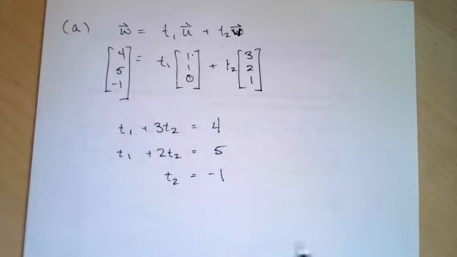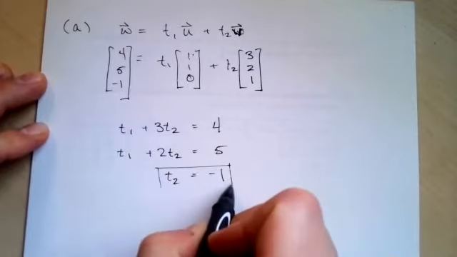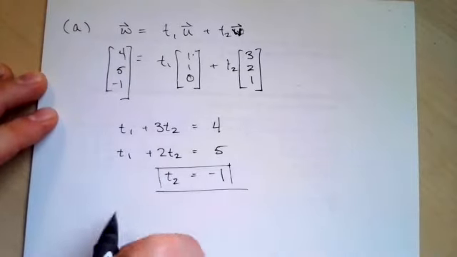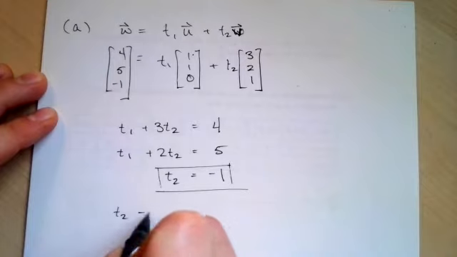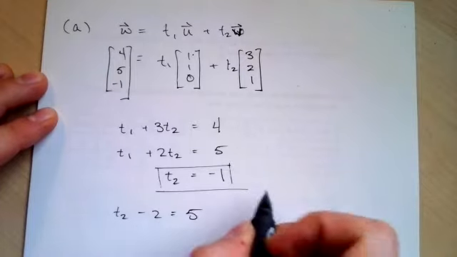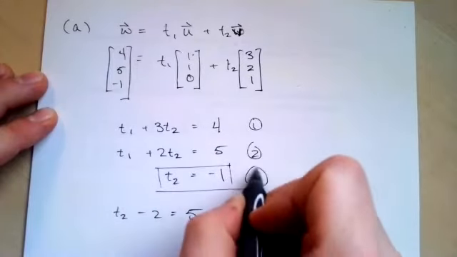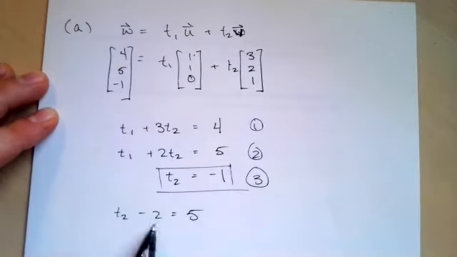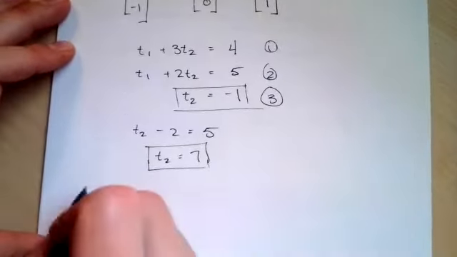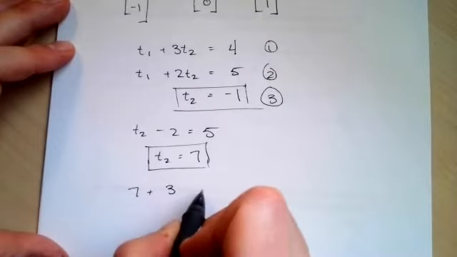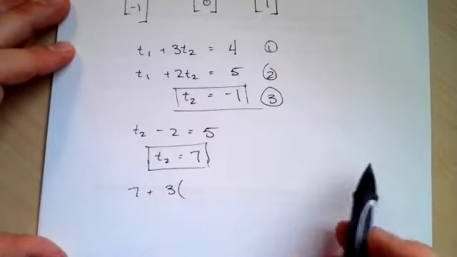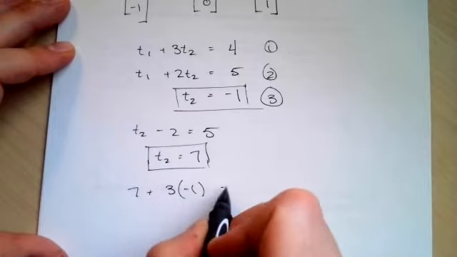And so let's check. One of our equations is nicely solved for us. We know that T2 has to be minus 1. Let's label the equations 1, 2, and 3. Equation 3 was solved for us. Equation 2 tells us that T1 has to be 7. And again, we need a consistent system, so we would check 7 plus 3 times T2, which is minus 1, equals 4.